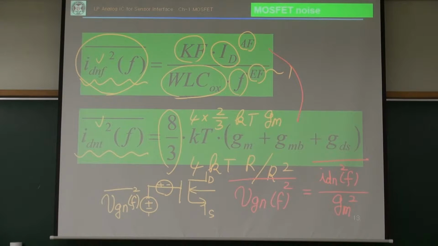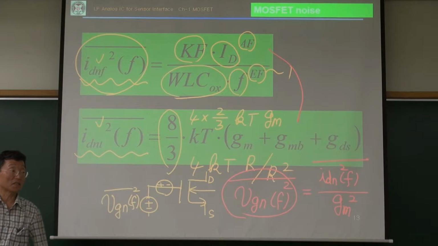That's my gate noise voltage. So I move the noise between the drain and the source into the gate. If I keep continuing that, I can move all the noise voltage into the input node of the amplifier. That's the equivalent input noise voltage.